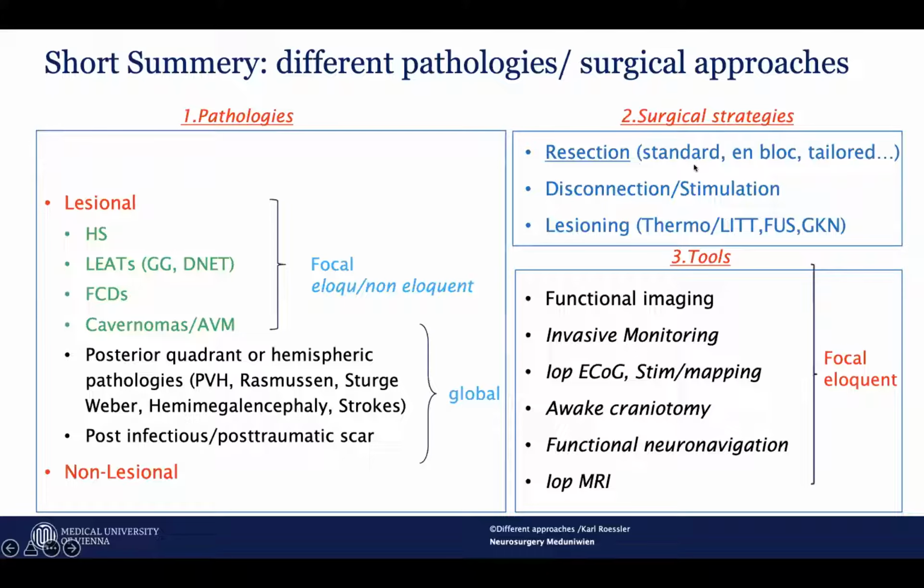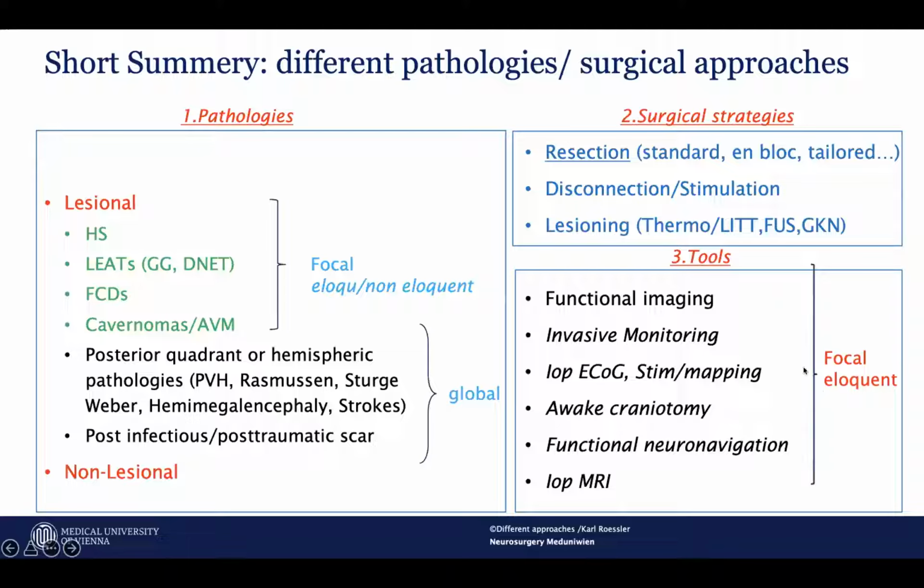Is it a resection, a standard one, or block resection, tailored resection? Is it a disconnection or stimulation? Or is it a lesioning, like using thermolesion, focused ultrasound or gamma knife? And the third point I wanted to raise is the tools. What kind of tools do we use, especially when dealing with focal eloquent pathologies?